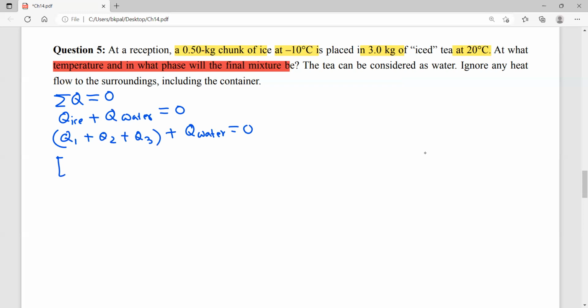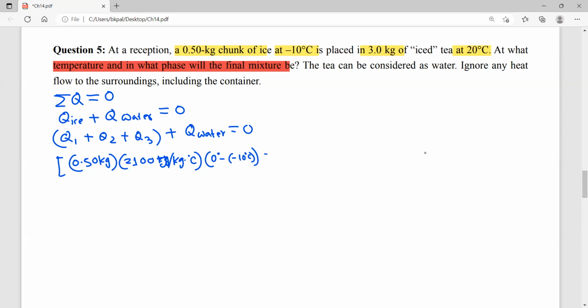The ice's specific heat is 2100 joule per kilogram degree Celsius. For the ice, the final temperature is 0 degrees Celsius, and minus 10 degrees Celsius is the initial temperature.